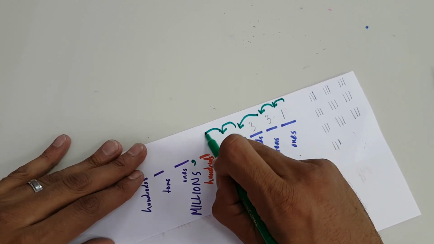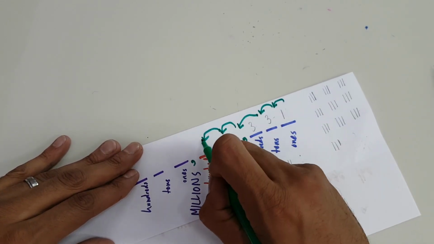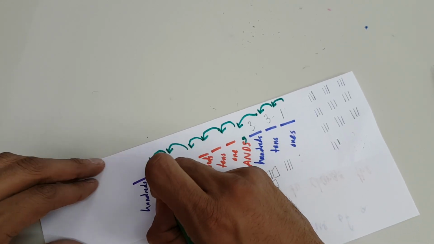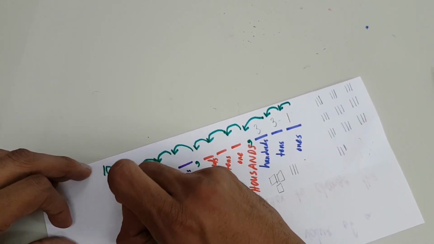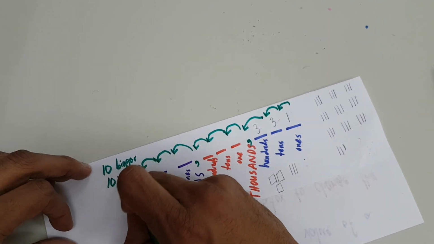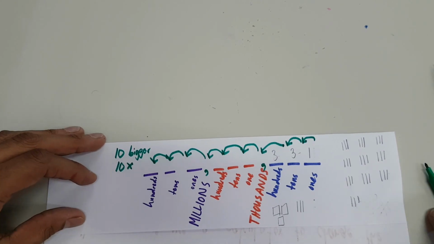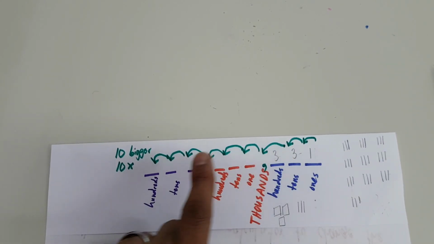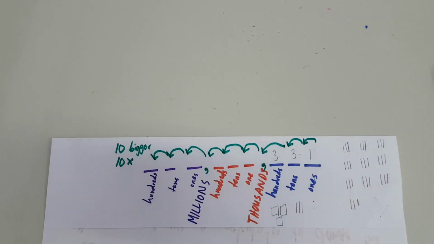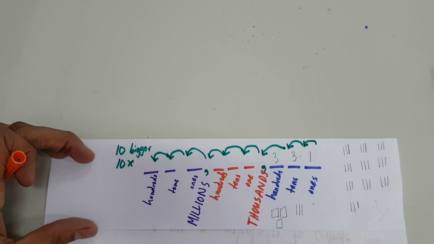With each place value, they get 10 times bigger, or I can write it like this, times 10. So if they get 10 times bigger as they move to the left of the place value chart, what happens if they move to the right? Well, if you said they get 10 times smaller, you guessed it.